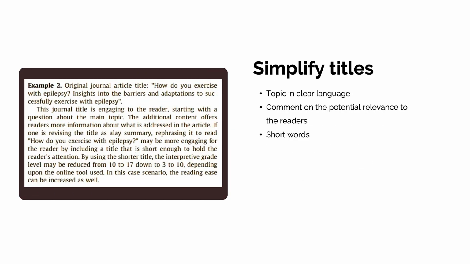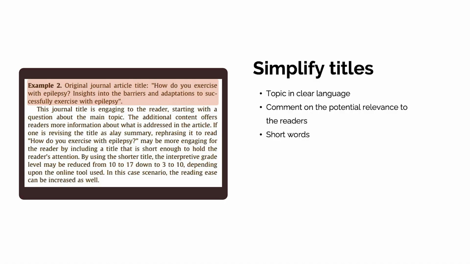Along with simplifying the language in your text, you must also consider your title. Remember, if your title is confusing or misleading, you've already lost your readers. Make sure the language is clear, you're using short words, and you're commenting on the potential relevance to your reader. In the example on the left, the title, "How do you exercise with epilepsy?